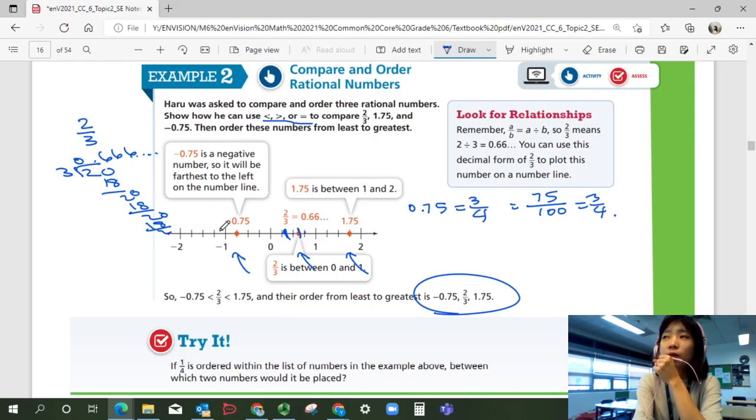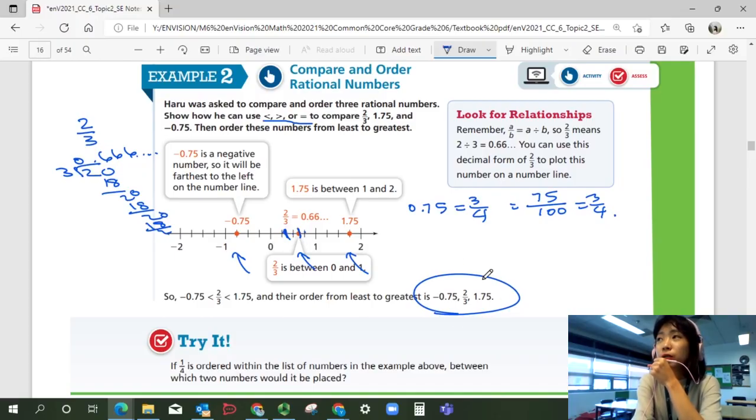So you can see that we've ordered them between two integers, right? 1.75 between 1 and 2, 2/3 between 0 and 1, negative 0.75 between 0 and negative 1. So 1/4. Where does 1/4 go? Between which two numbers? Well, integer-wise, it's going to go between 0 and 1.